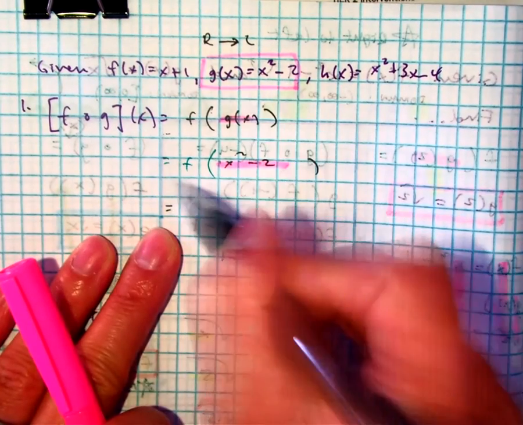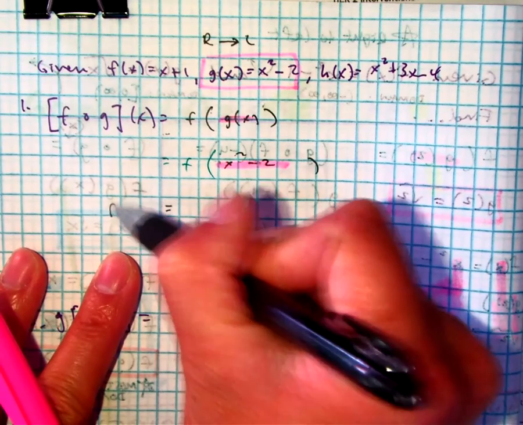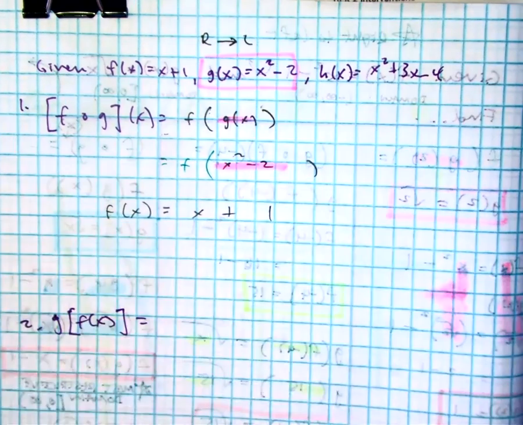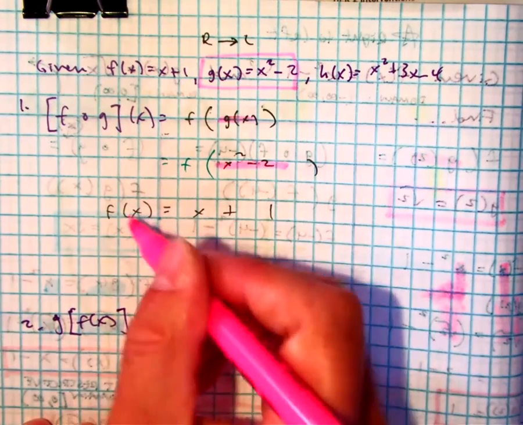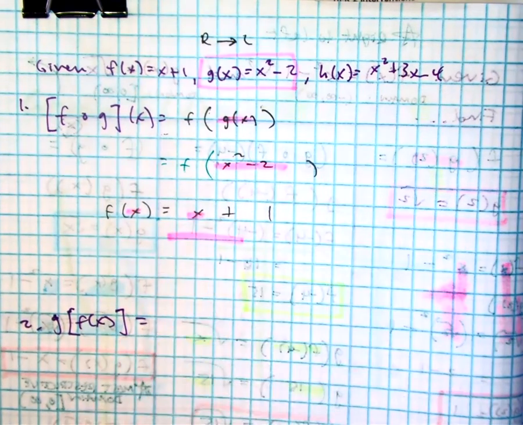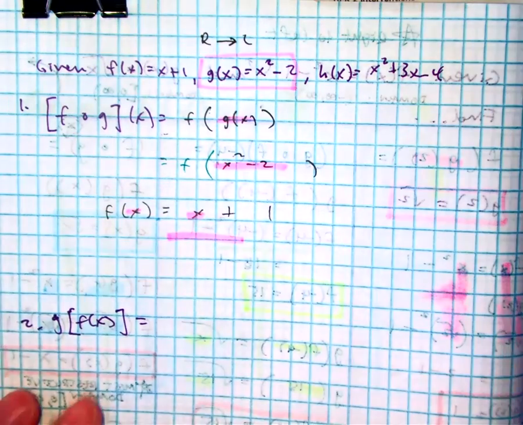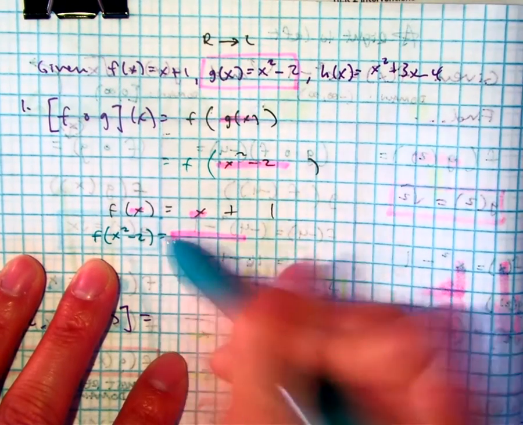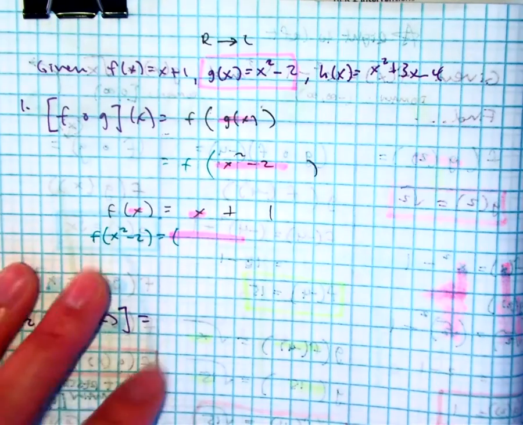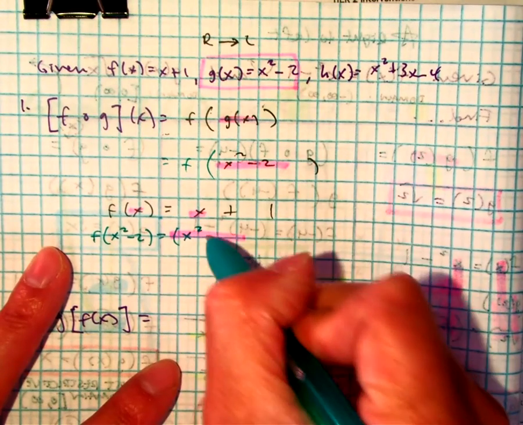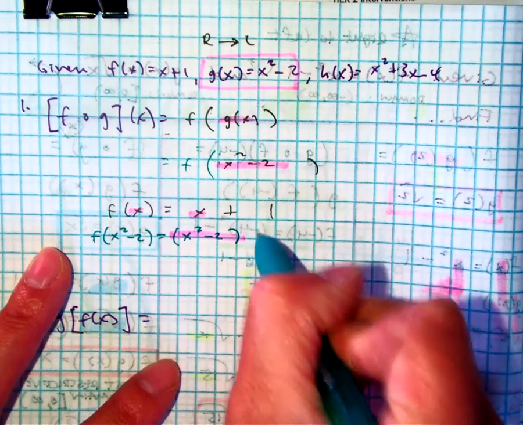So here is the original problem. f of x equals x plus 1. Class, now instead of putting x there, we're going to write what? x squared minus 2. So this reads f of x squared minus 2 equals, remember your substitutions are in parentheses, those are important, x squared minus 2, and then you have this plus 1.